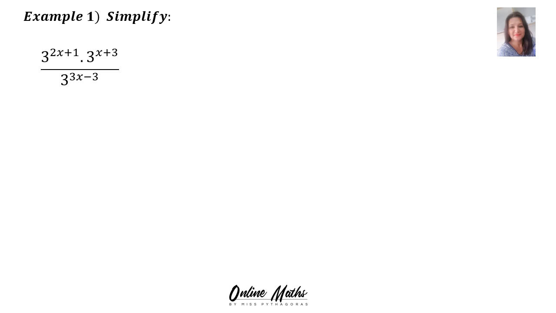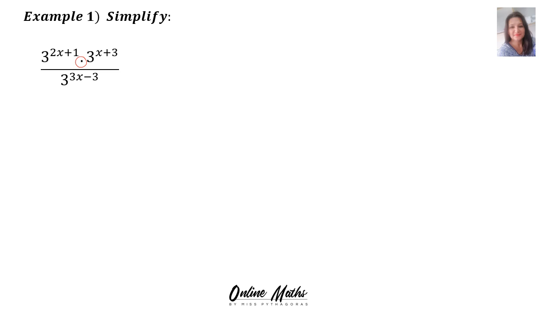Let's look at this example. The question says simplify. So my advice to you is deal with the numerator and the denominator separately. So what is happening on the numerator? That's the one on top. You will see that the bases are the same. It's 3 and there's a multiplication.